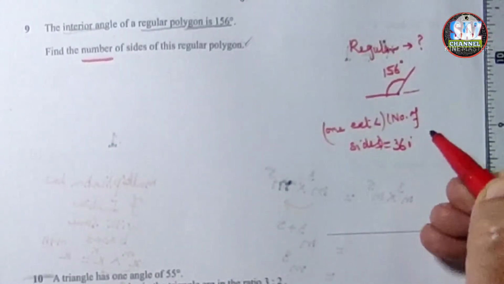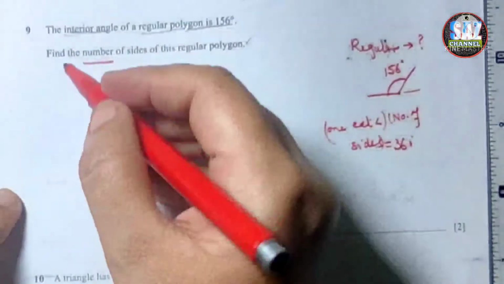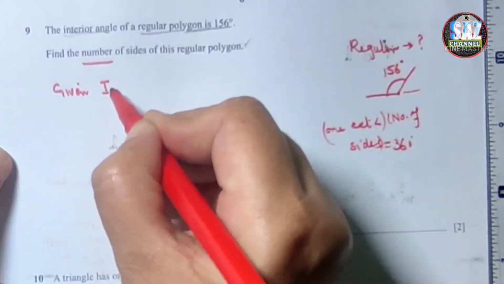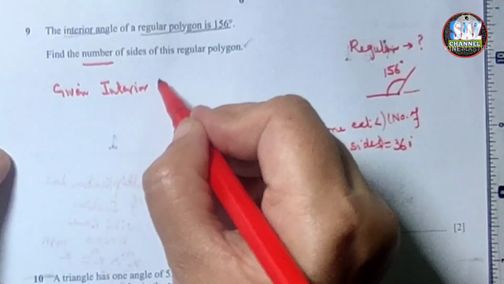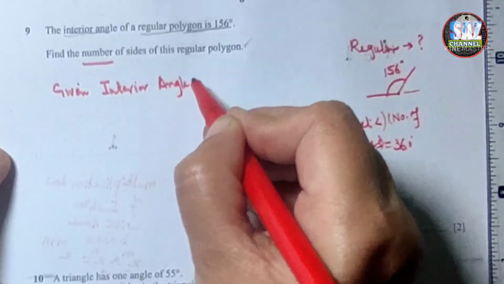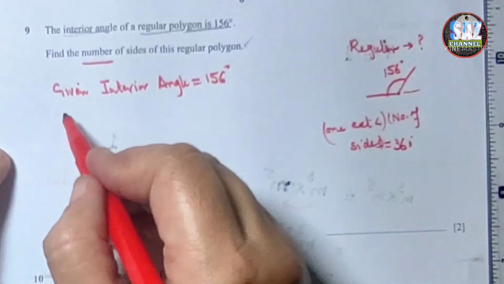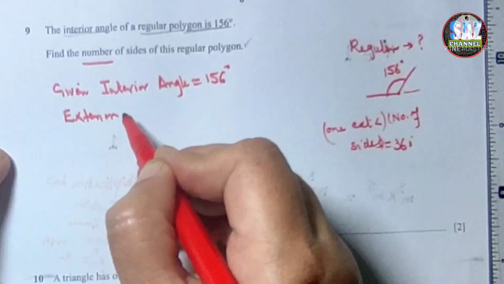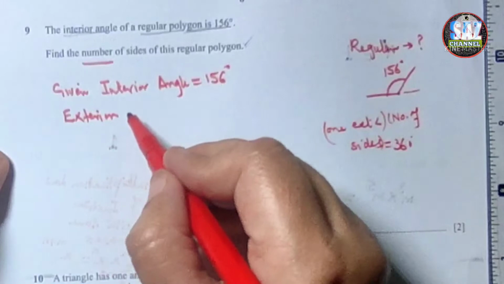With the help of the given interior angle equals 156 degrees, and the exterior angle, interior and exterior are adjacent to each other.